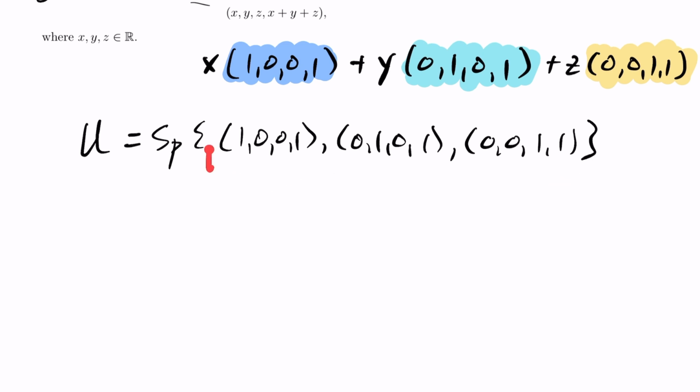You can even verify this further if you put this in a matrix and row reduce it. You'll see they're linearly independent, and the dimension of this is 3.